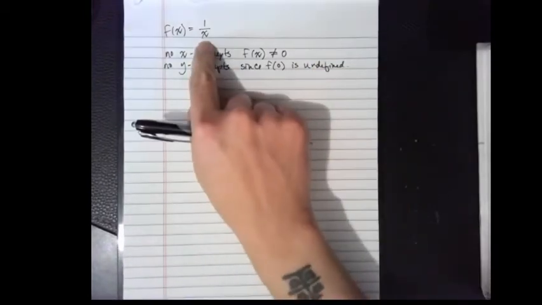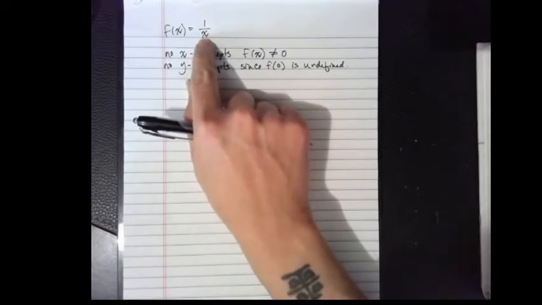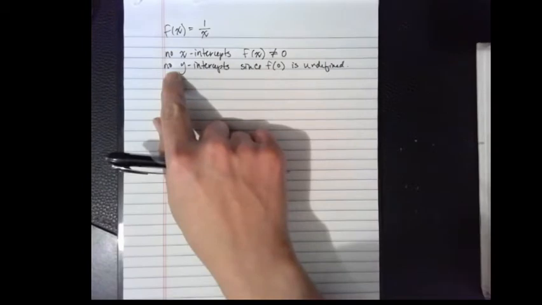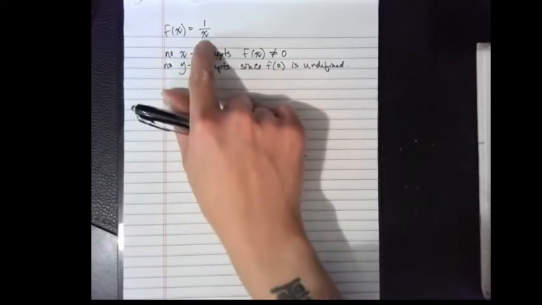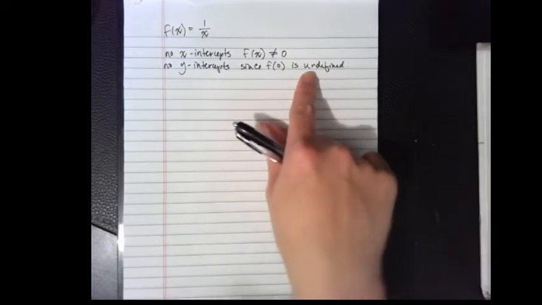Okay, so I can't set this equal to 0 and solve for x. That's not going to result in any kind of solution. And I also can't take 0 and plug it in for x because that's going to give me something that's undefined.